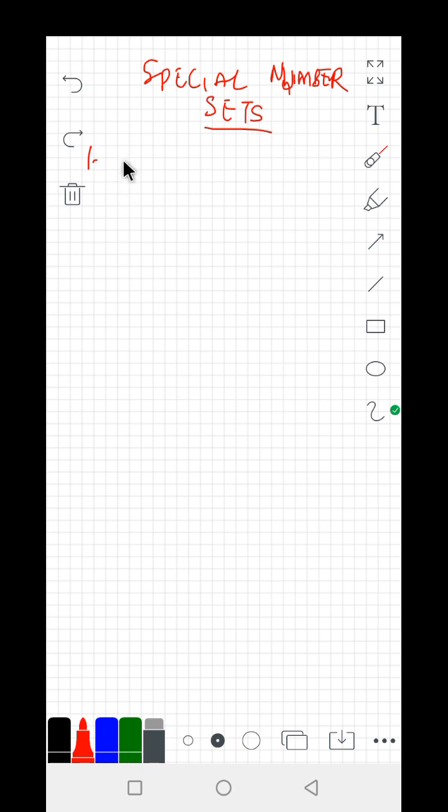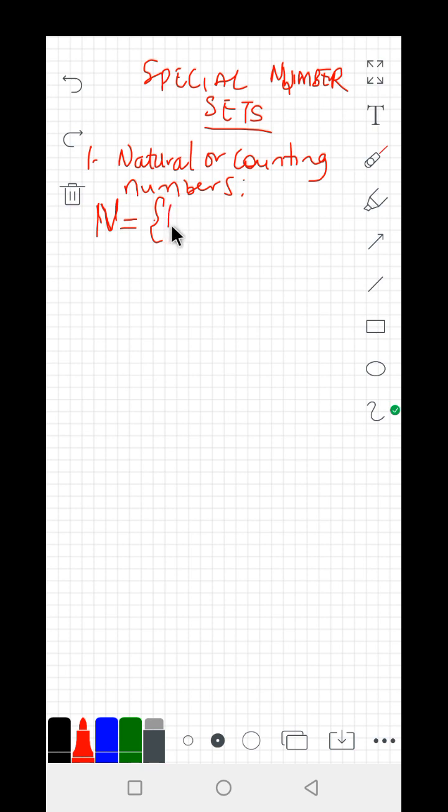The first one is the natural or counting numbers. This is denoted as capital letter N, and it's equal to the set 1, 2, 3, 4, 5. It goes on to all the numbers that you can count.